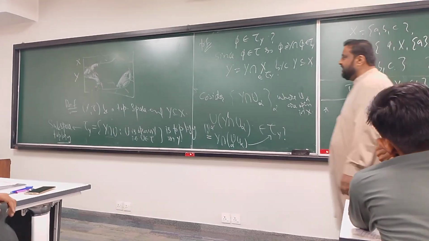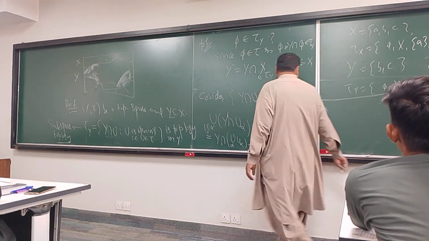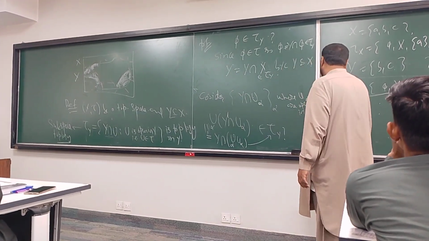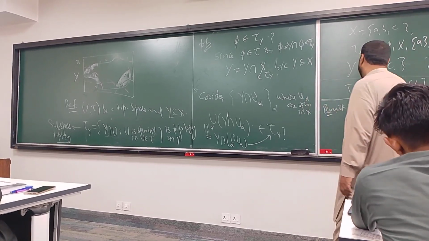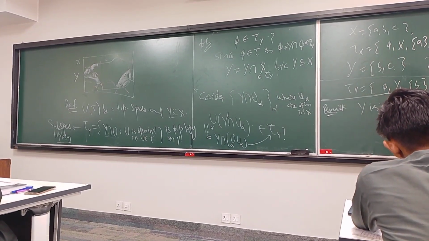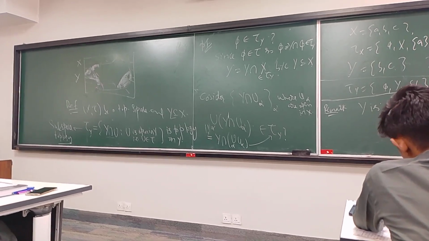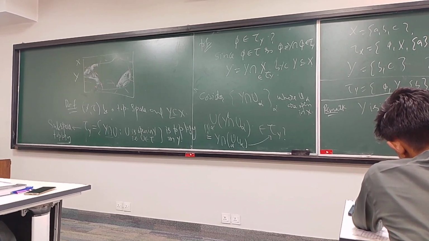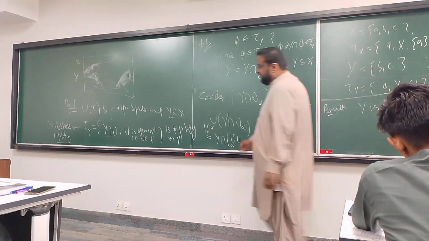So we haven't assumed any structure on Y. So what if I assume, here's a remark: what if I assume that Y is open in X? Let's assume that Y is also open in X. It's not just a subset, but it's open in X. Then what can you say about these sets?